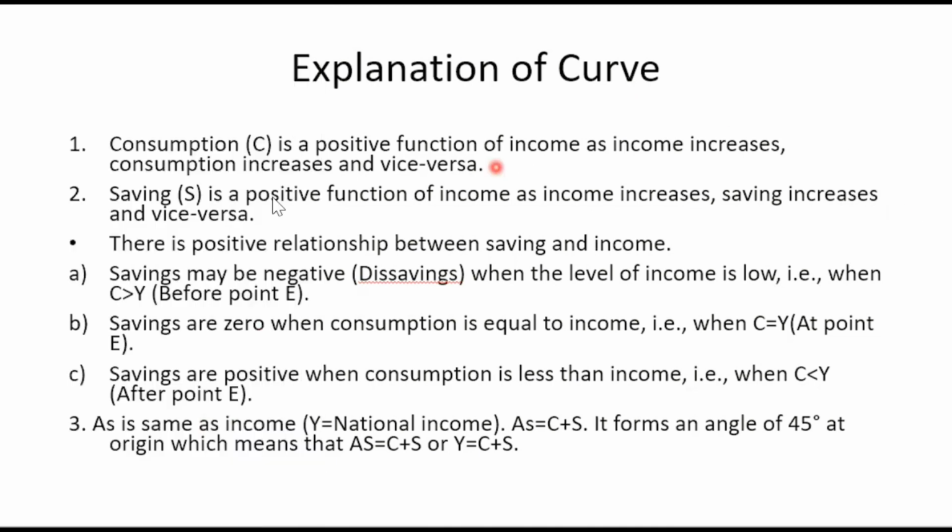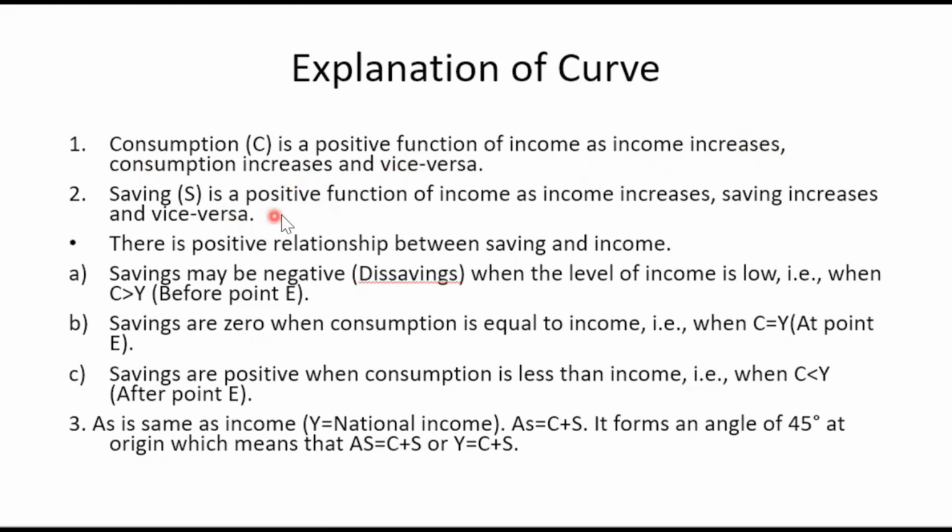So first, consumption is a positive function of income. As income increases, consumption increases. This we have also studied in aggregate demand. But the ratio of increase in consumption is less in comparison to the increase in income.